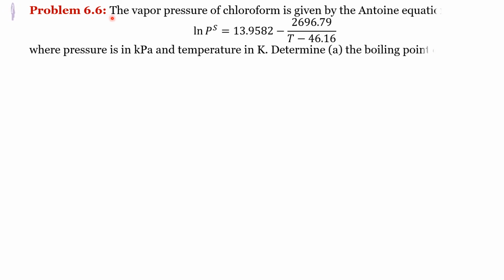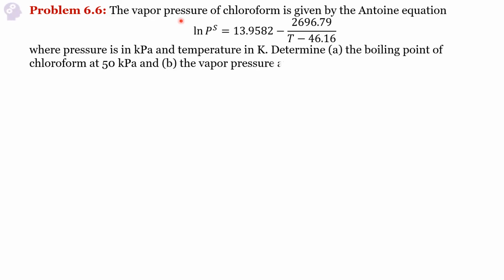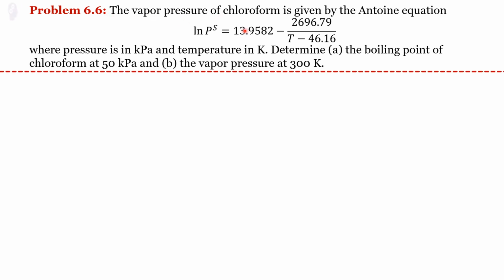Problem number 6.6. The vapor pressure of chloroform is given by the Antoine equation. This is the Antoine equation, ln P equal to some constant minus another constant divided by T minus another constant, where pressure is in kilopascal and temperature is in Kelvin.